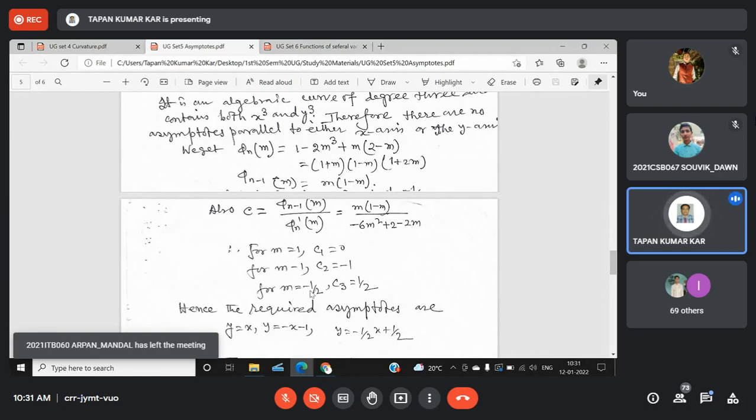And m equal to minus half, so y equal to minus half x plus c3. This is one method to find the asymptotes of algebraic curves. Here we only used phi n of m and phi n minus 1 of m, and if you have any question, you may ask me now.